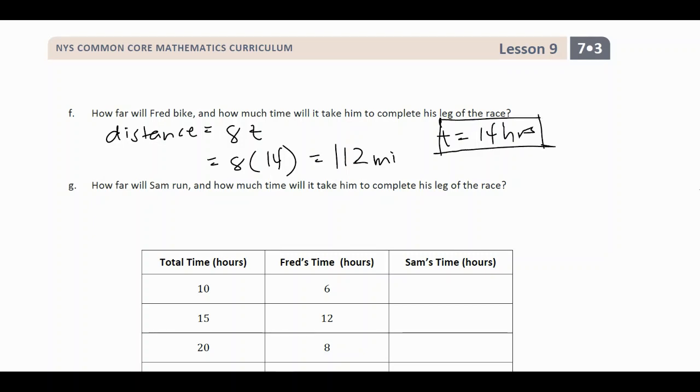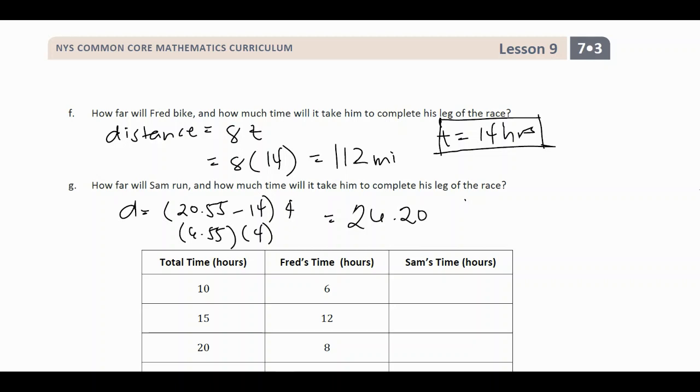For Sam, the distance is going to be 20.55 minus the t, which is 14, times 4. It's going to be 6.55 times 4, which is going to be 26.20. And of course the total time for Sam is going to be 6.55.